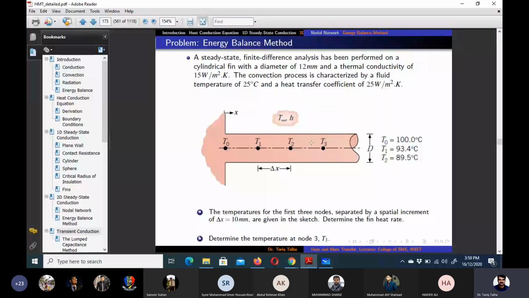So if we apply the energy balance method at node 2, then there would be a heat transfer from node 3, which would be equal to Q3, and one heat transfer would be coming from T1, which is Q1, and then one is coming from the convection. So if we draw the area of influence, it would be total delta x here, because it is an interior node.